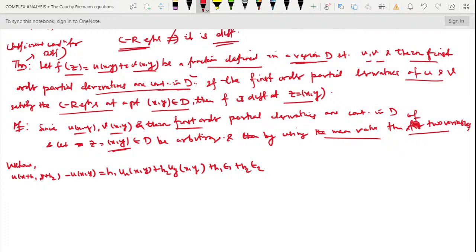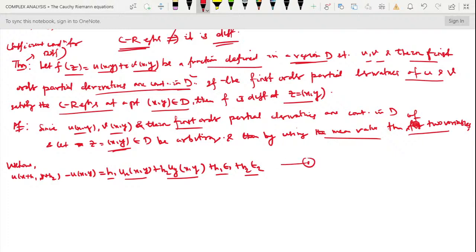So u of x plus h1 comma y plus h2 minus u of xy is h1 into ux at xy plus h2 into uy at xy plus h1 epsilon 1 plus h2 epsilon 2.